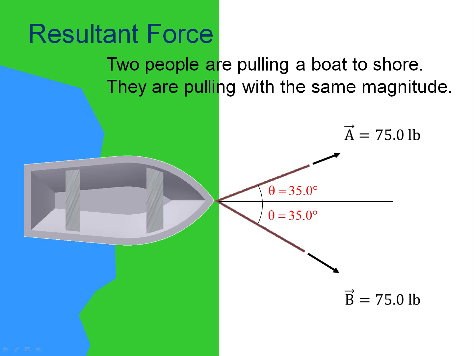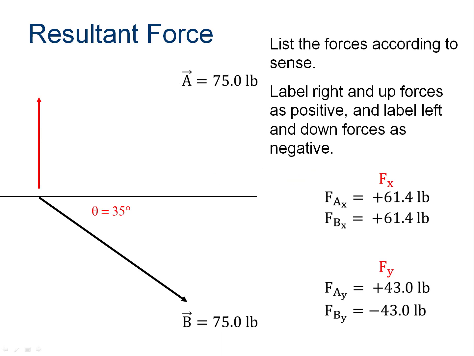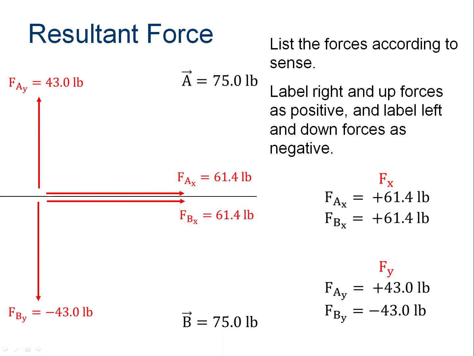What I can now do is take those vectors and replace them by the components that I just calculated. Now, because I've put them in relation to the x and the y direction, I can now just mathematically add them by their signs.